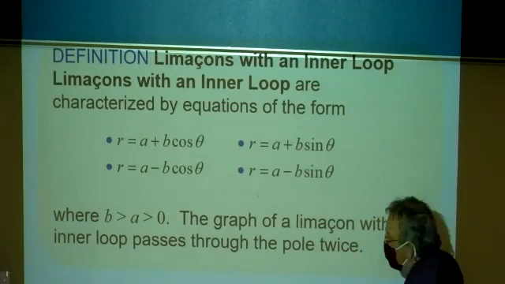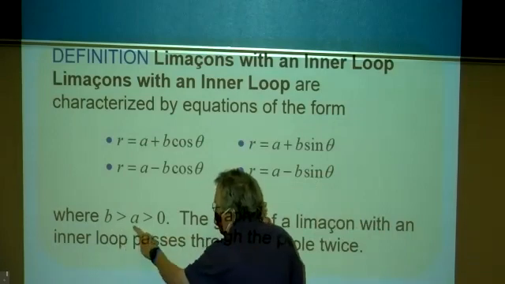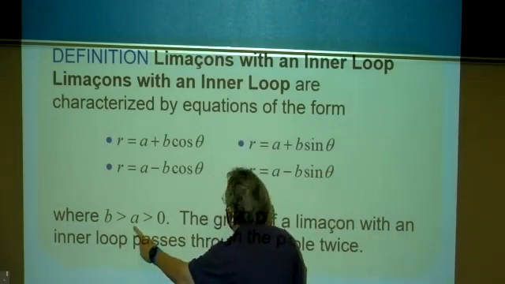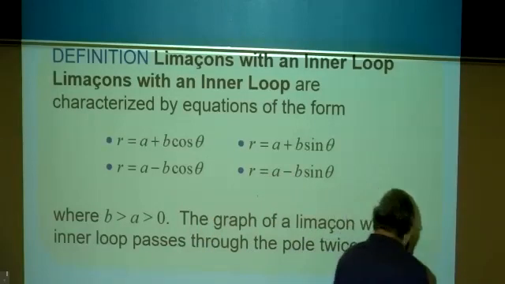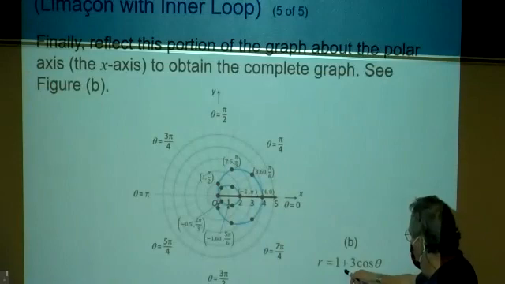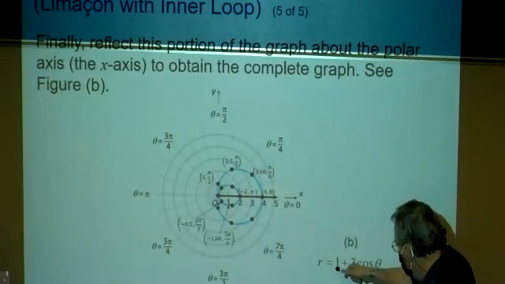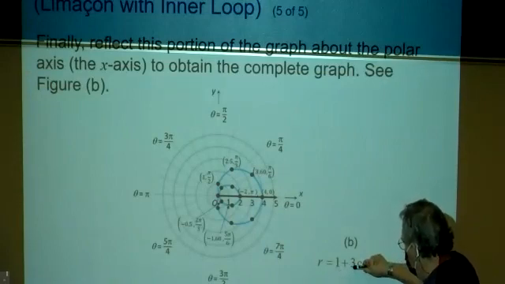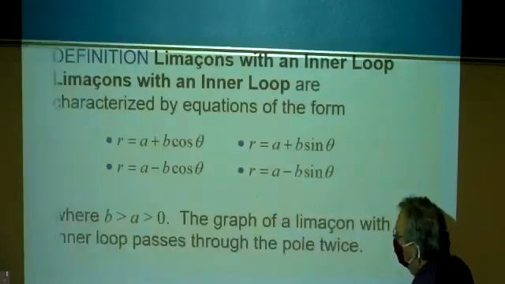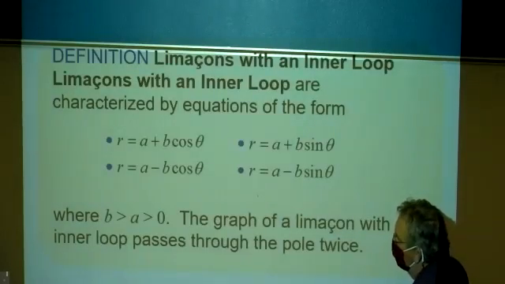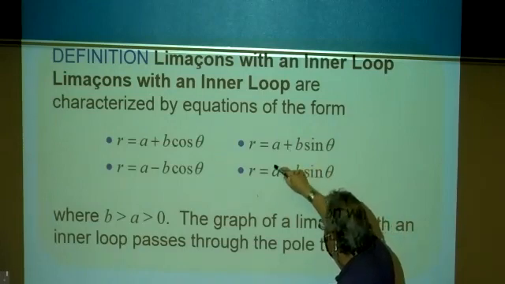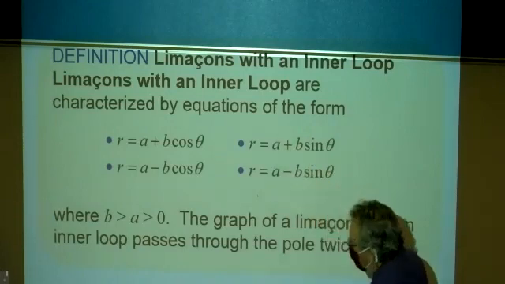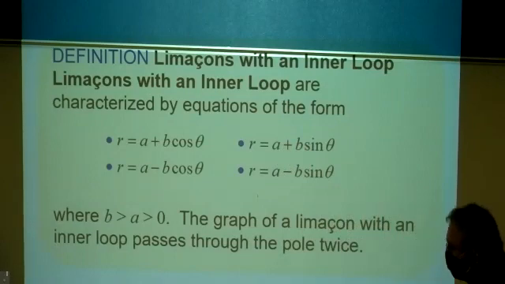The only difference is now B is larger than A. Because that one was 1 plus 3, where the 1 is smaller than the 3, or the 3 is bigger than the 1. So whatever cosine or sine is being multiplied by, that number without the sign is going to be larger than the constant out front.